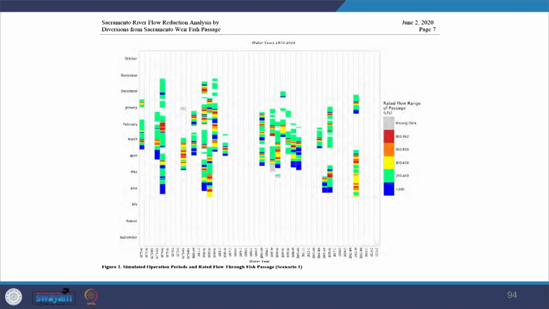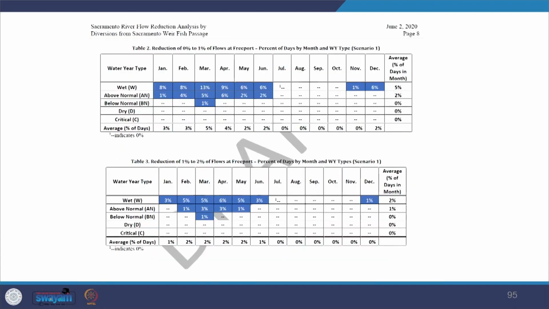Month wise also, on the left hand side vertical axis, you can see the variations. And through this report you can see how they are working out the flow reduction analysis. Within all months, Jan, Feb, March, April, what kind of flow reduction would happen in the wet, above normal, below normal scenarios, and which are the considerable variations as per the scenario.